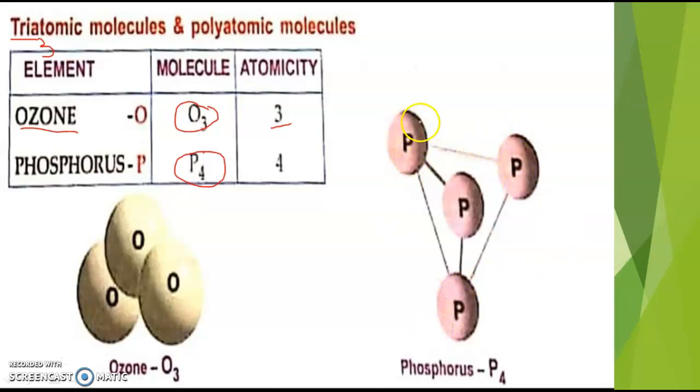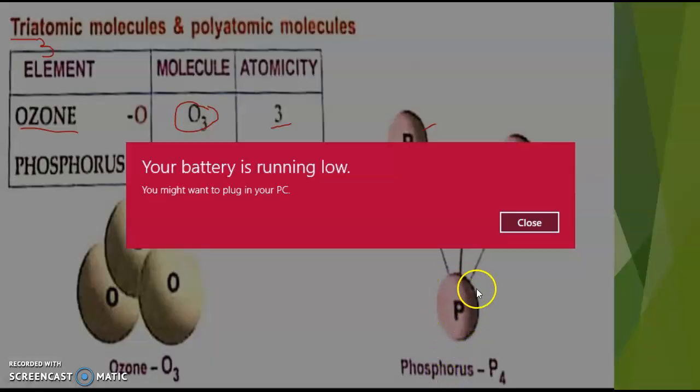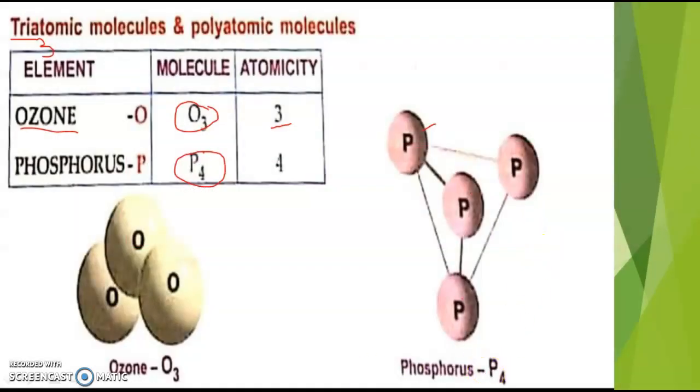As you can see in this picture, 1, 2, 3 and 4 atoms are combining and forming P4, that is phosphorus. So the atomicity of phosphorus is 4. I hope you have understood all this about atomicity. In the next video, we will discuss mixtures.